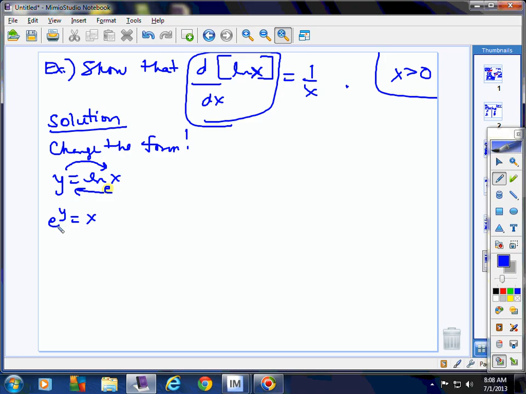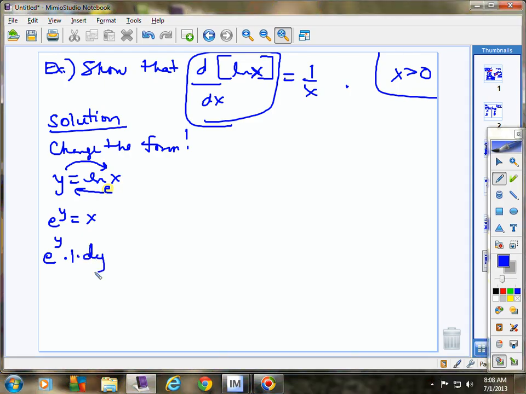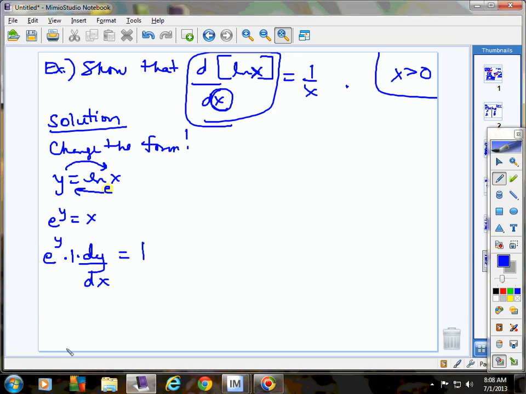Old lesson, right? Derivative of e is itself times the derivative of its exponent. What's the derivative of y? Right, just a 1 dy dx. Because y is not x, right? And then the derivative of x is 1.